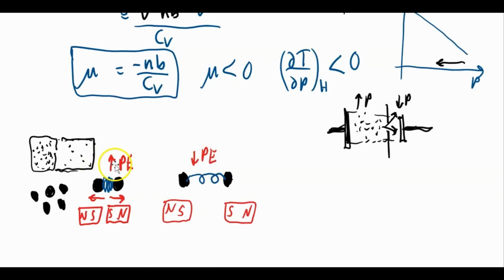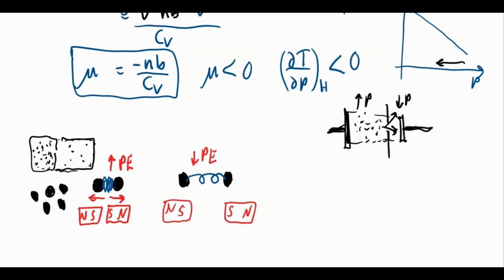Where did the potential energy go? If we relieved some of the potential energy by reducing the compression between them, that potential energy turned into kinetic energy. Imagine the spring being released. Those molecules are going to separate from each other and move faster.